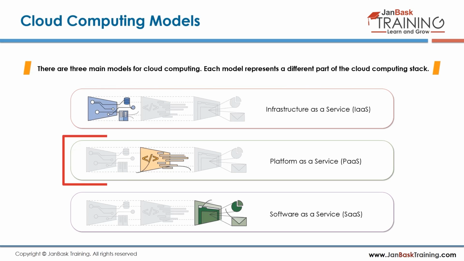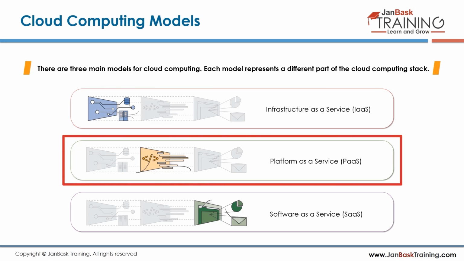Then you have PaaS, platform as a service. Platform as a service is like Google Maps. Google Maps is a platform for you. You use Uber, right? Whenever you request a ride, Uber shows you your starting position and your end position and all the drivers around you on Google Maps.